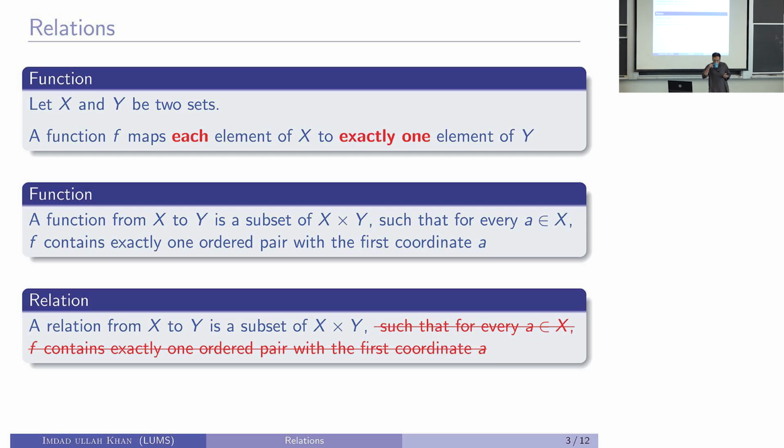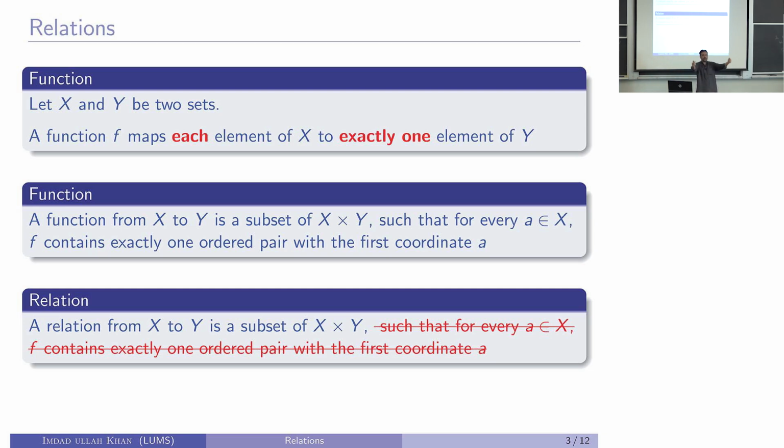It's the set of all possible ordered pairs where the first element belongs to the set x and the second element belongs to the set y.